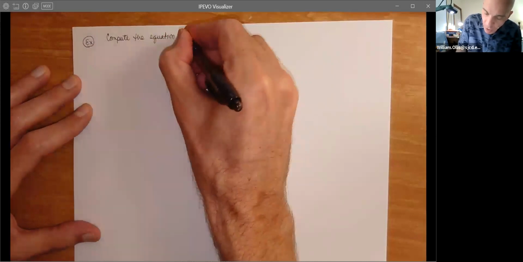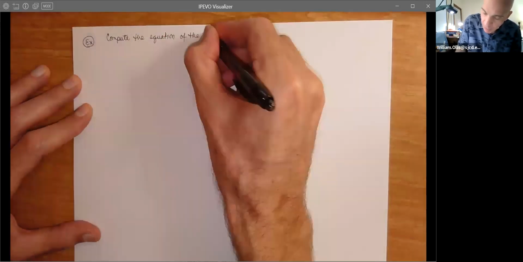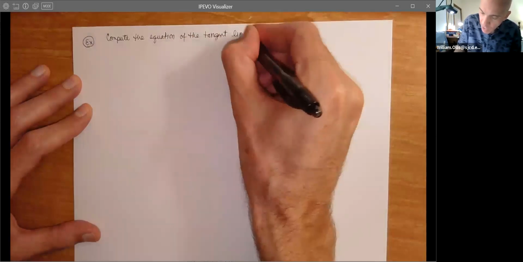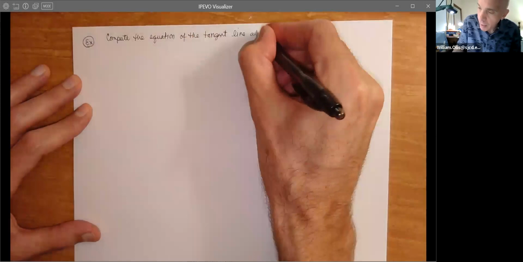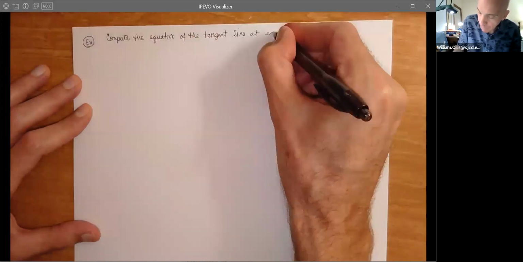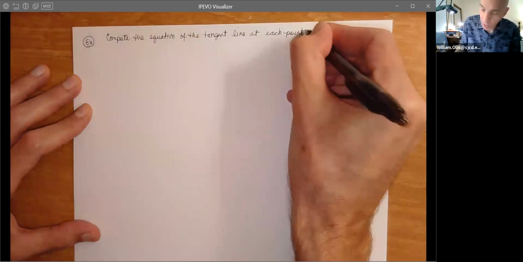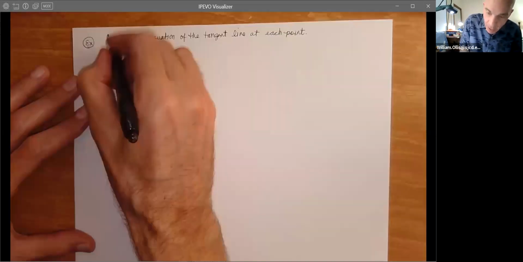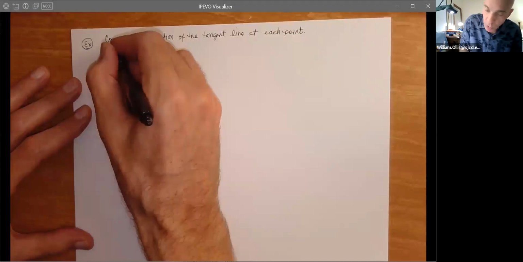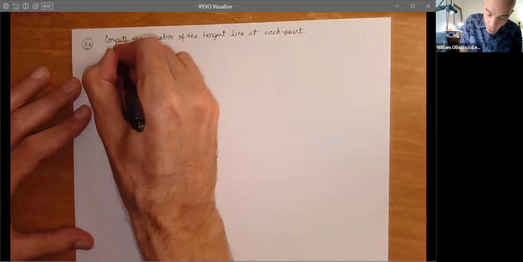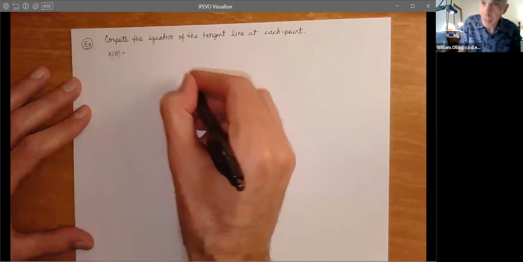Compute the equation of the tangent line at each point. So this requires a little bit more work. And here's what we have in this case. This problem will use theta. So I'll just go ahead and write out the coordinates from our R of theta, so to speak.